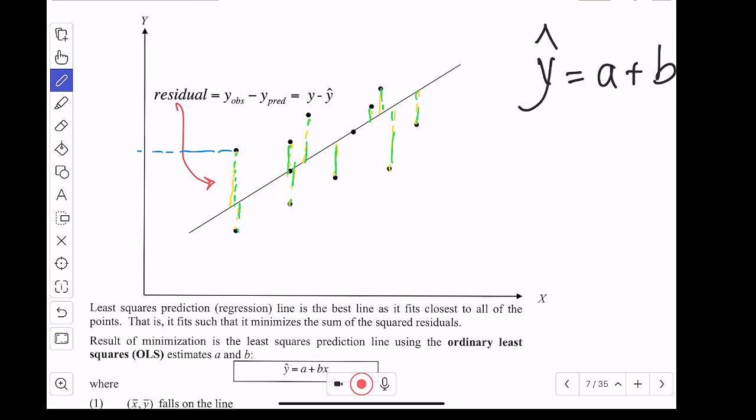Whatever the y value is, that is actually a value that was measured, and whatever the line would provide for that measure of the explanatory variable.